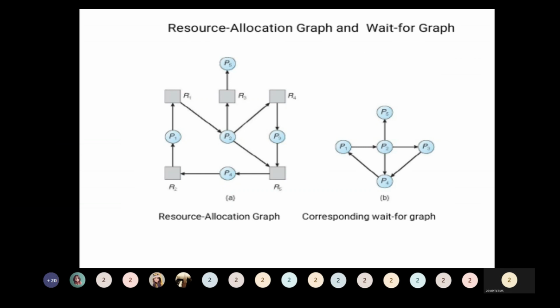So the resource allocation graph and wait-for graph are shown here. You know what a resource allocation graph is. You see the wait-for graph. It just shows which process is waiting for which process for getting its resource. So in this case, from the given resource allocation graph, you are drawing the corresponding wait-for graph.